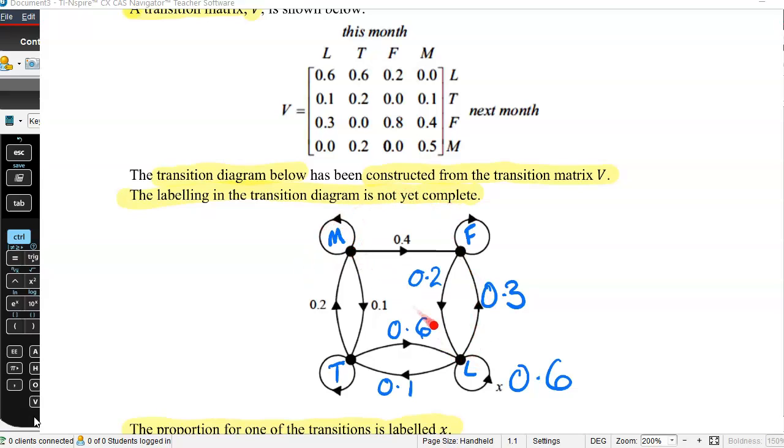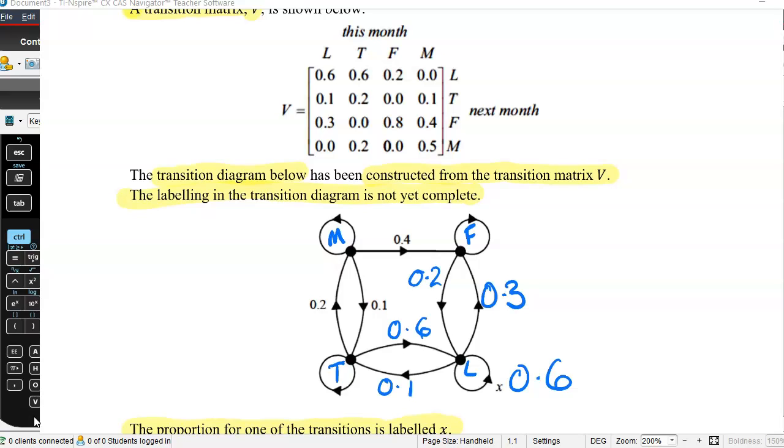There's no line between them. And you can see that also there. You can't start at T and go to F because there's no line in between. F to T, yep. And M to L.